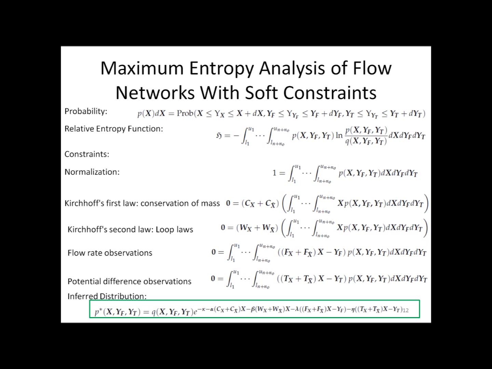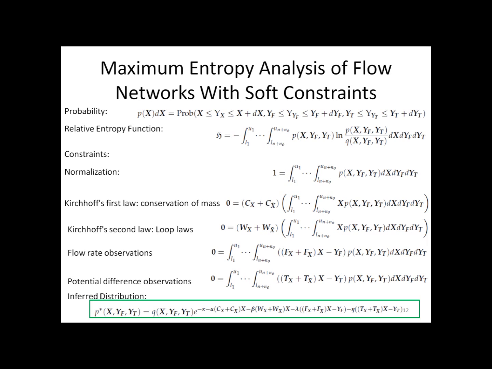Okay, so next stage, I define my relative entropy function, which is just a standard entropy function. My first constraint is a normalization constraint, and so on. I've got conservation of mass, loop laws, and flow rates and potential differences.